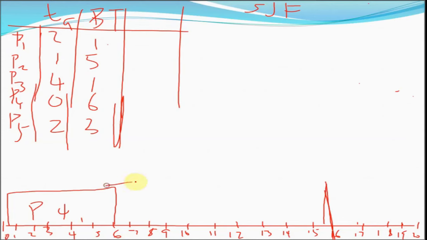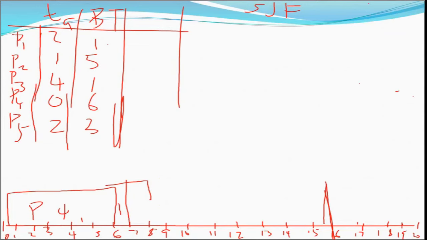So now, P1 goes and executes only one. Okay? Good. Please, do you understand? So we use 1 to represent P1. Now, it means that P1 is done, P4 is done. Okay.